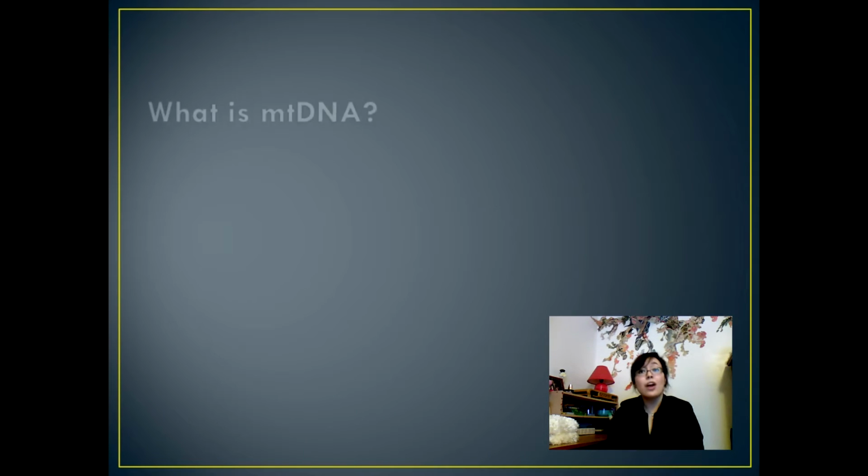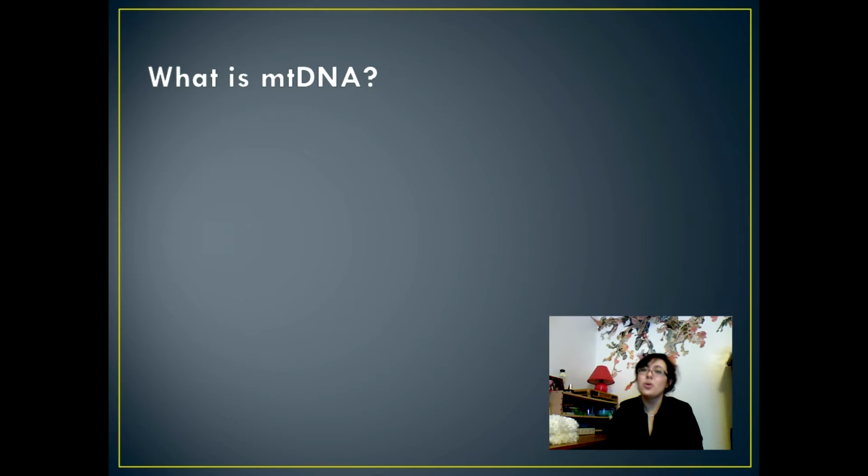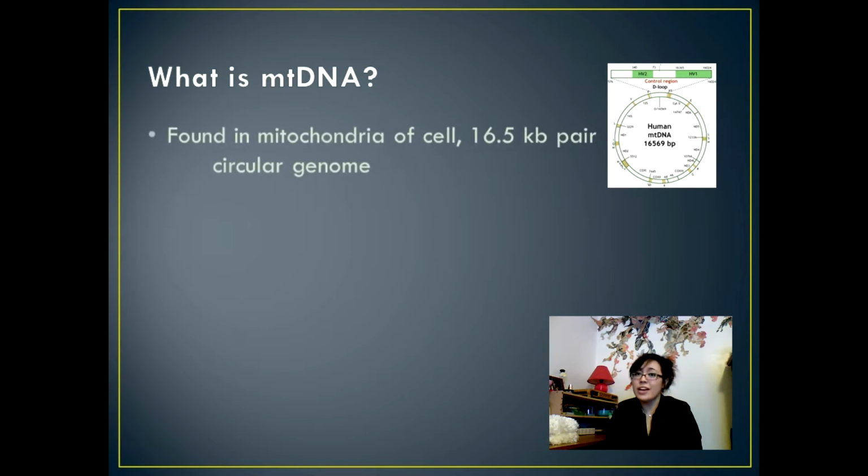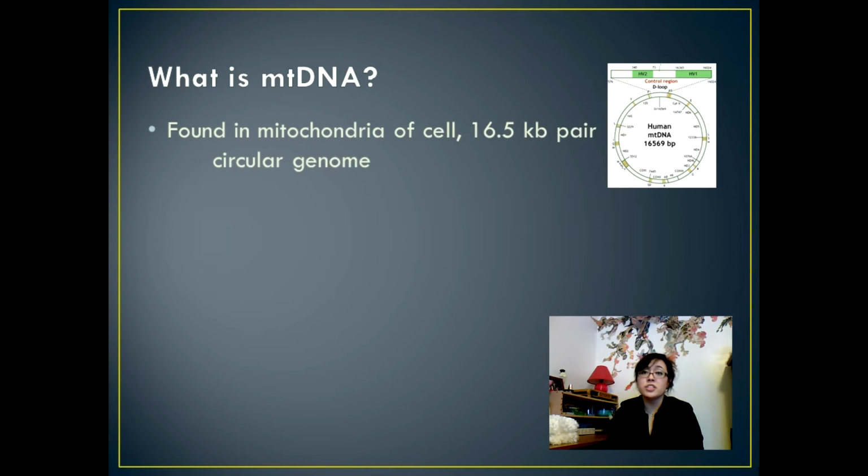So, what is mtDNA? Well, in addition to chromosomal DNA found within the nucleus of the cell, a second human genome can be found in the mitochondria of the cell in the form of mitochondrial DNA. Now, while mitochondria have been traced to ancient bacteria that performed symbiosis with pre-embryonic cells, what exists now of the human mitochondria is a 16.5 kilobase pair circular genome.